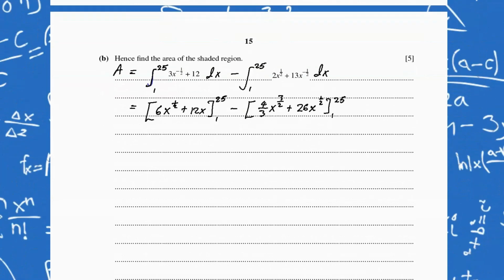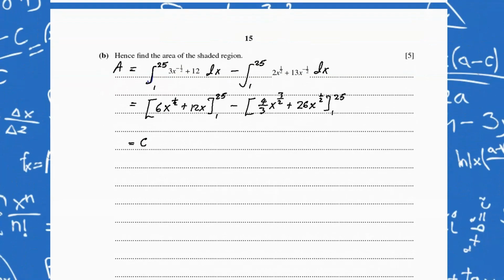So let's simplify what we got. So it's 6 of 25 to the power of a half plus 12 of 25 minus 6 minus 12 if we substitute 1, and that's going to be minus here.